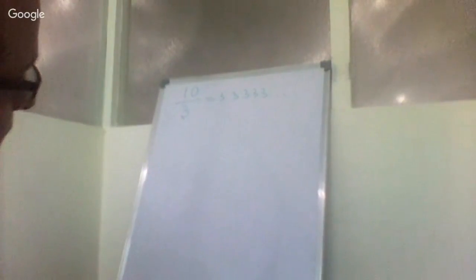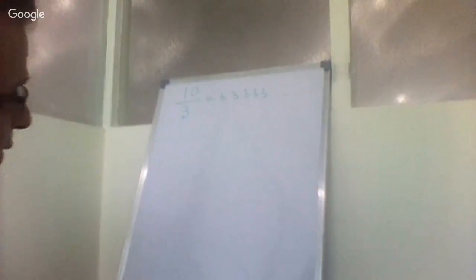In this division, if we try to divide 10 by 3, we always get a remainder 1. If we continue dividing again and again, we'll never get a remainder 0. However long we perform the division, for 1 hour, 2 hours, 1 day, 1 month, 1 year, continuously, we'll never get a remainder 0, right?